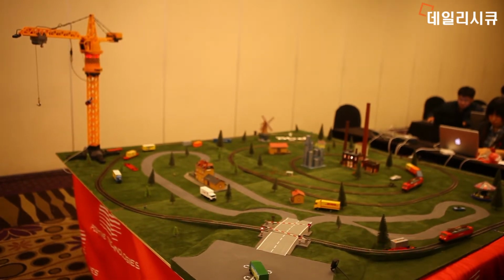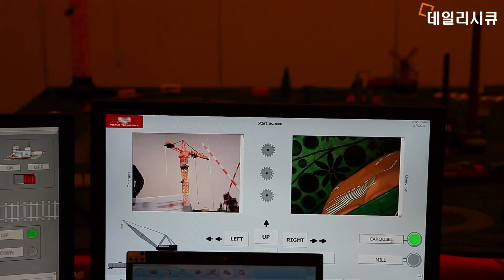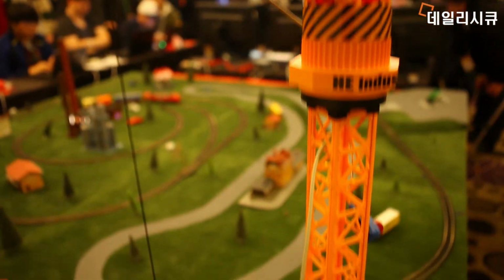So this is the HMI, human-machine interface, which controls the PLC, and this controller changes the electricity power on the crane to manage it.